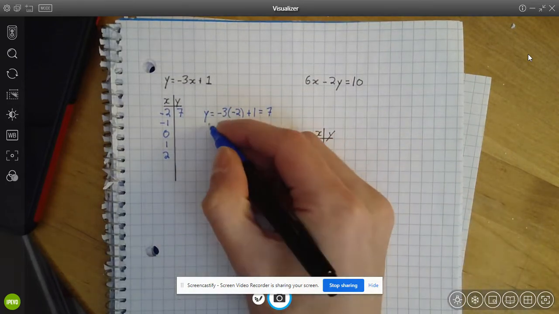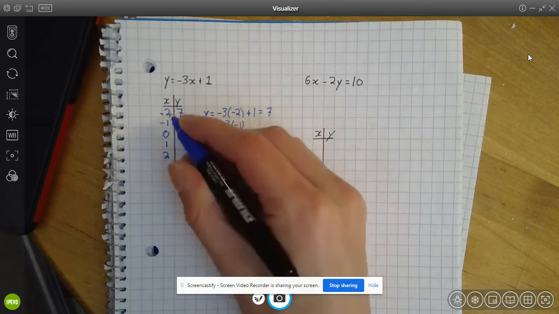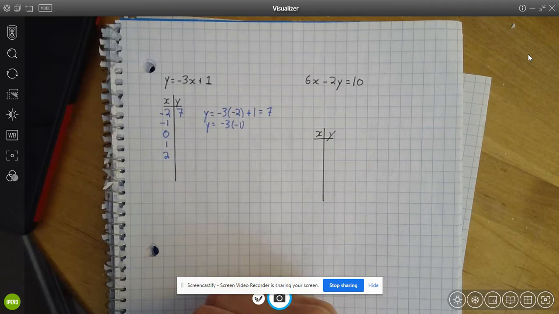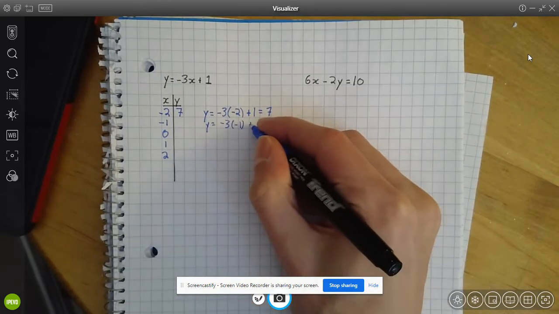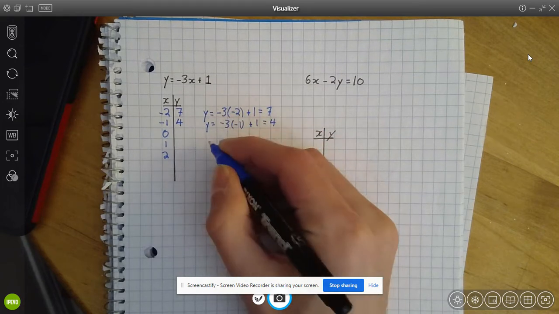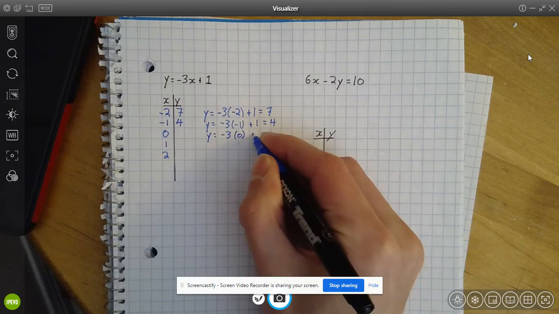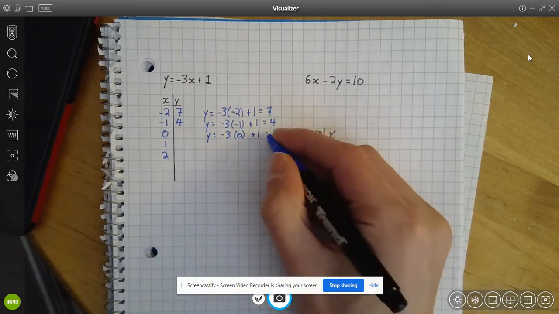And I can continue, and I can do that for each of my 5 independent variable values. -3 times -1 is +3, plus 1 is 4. And as I'm doing this, see if you notice a pattern. Anything times 0 is 0, plus 1 is 1.